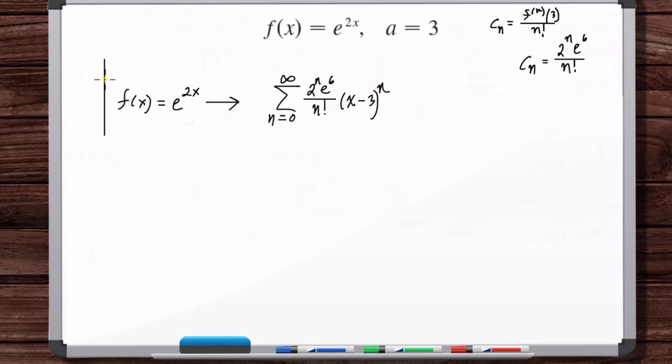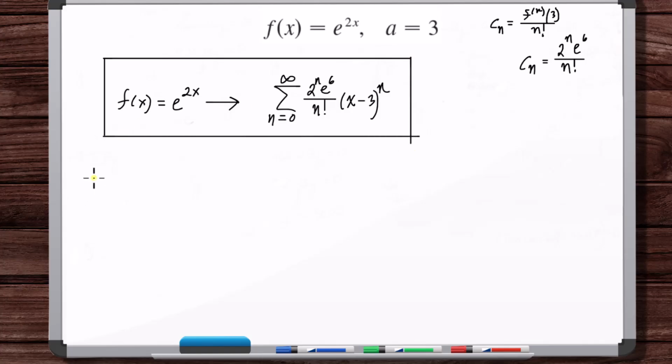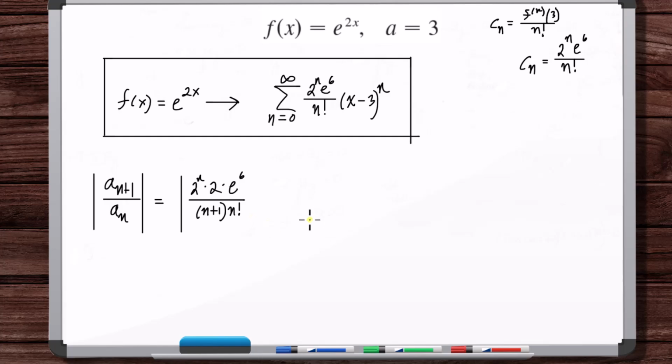Okay, now let's get the radius of convergence. So we've got the absolute value of 2 to the n plus 1, which is 2 to the n times 2, over n plus 1 factorial. We can write it like that.